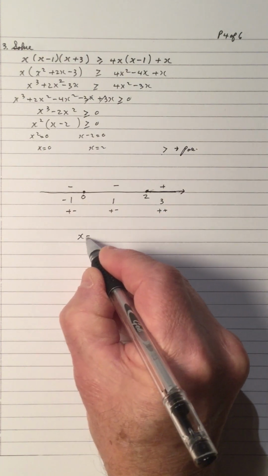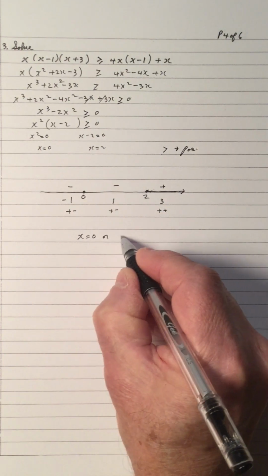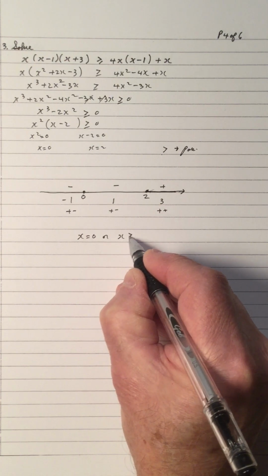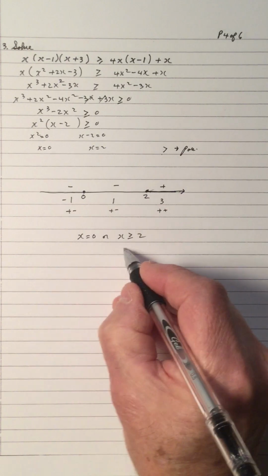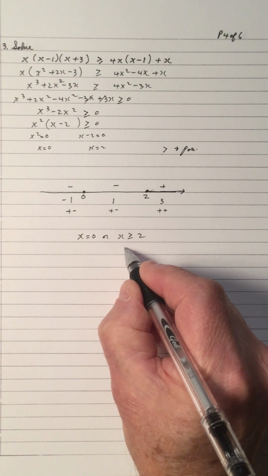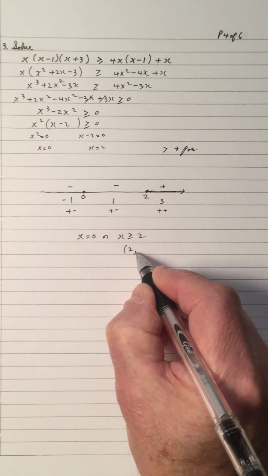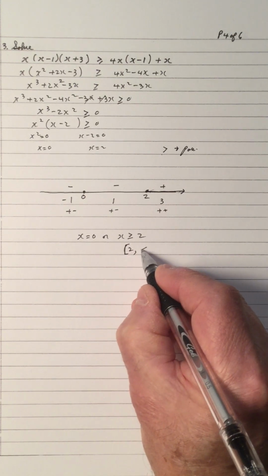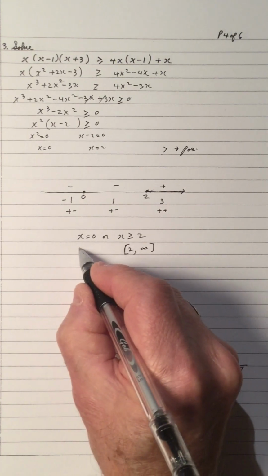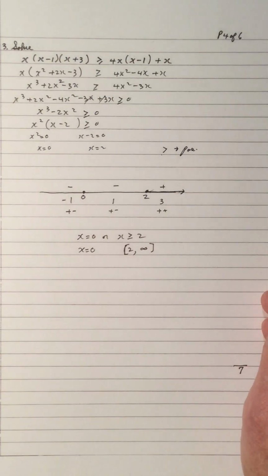So we got x equals 0, or x is greater than or equal to 2. And again, if you want to name this one a little bit differently, you can write 2 as a square bracket this time, because it's an equal sign, going to infinity. So either or. And that's 7 marks.